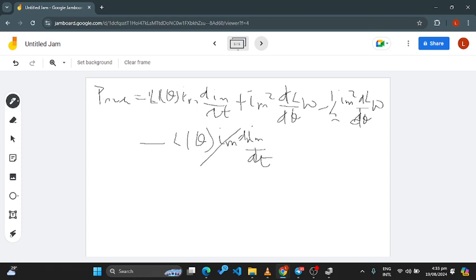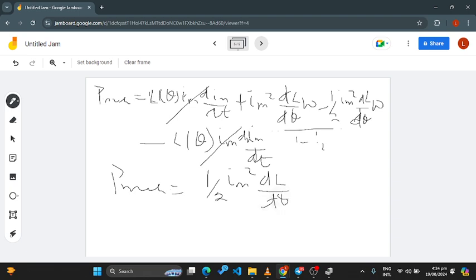Then clearly you can see this will take this guy away, and we are left with these two. You can see that this and this are the same, just that their coefficients are different. So everything over here is just 1 minus half, then you add whatever is here. So the P mechanical is just going to be half Im squared dL/dθ omega.